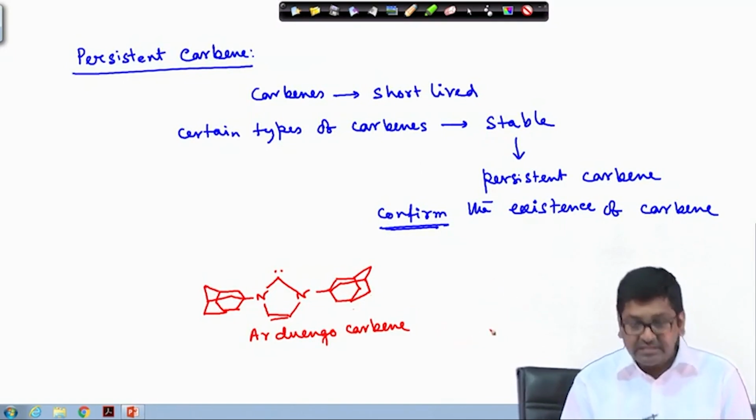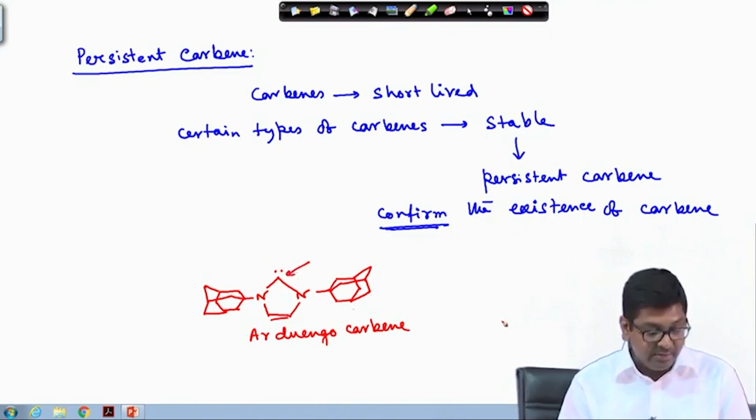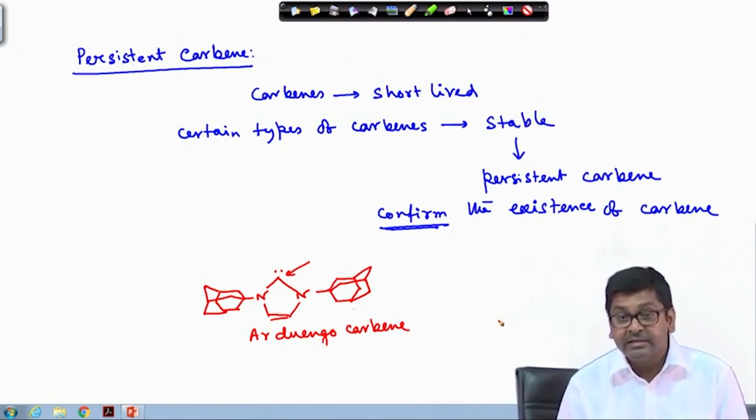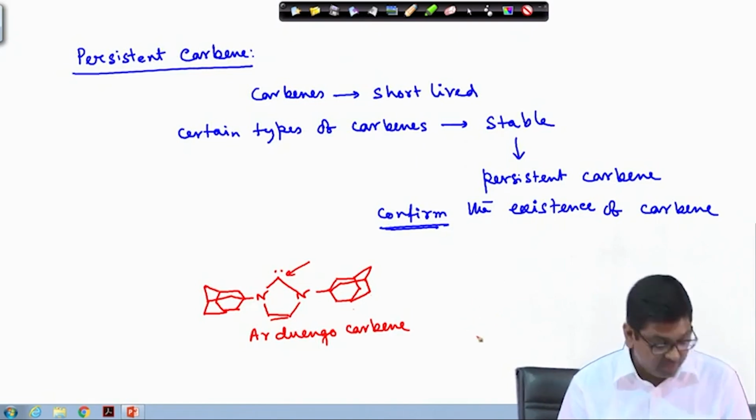In 13C NMR spectra, it was found that this carbenic carbon gives a peak at 211 ppm, which reflects that this carbenic carbon is highly electron deficient.